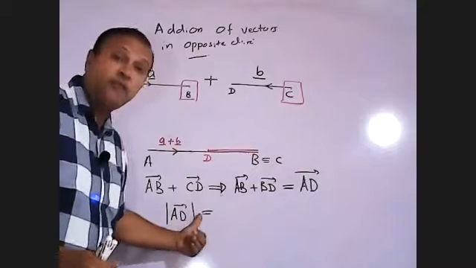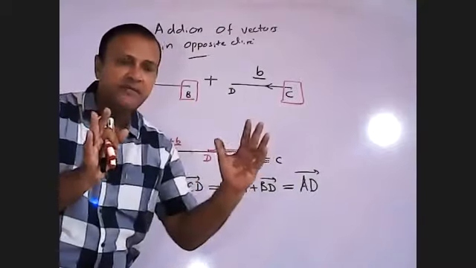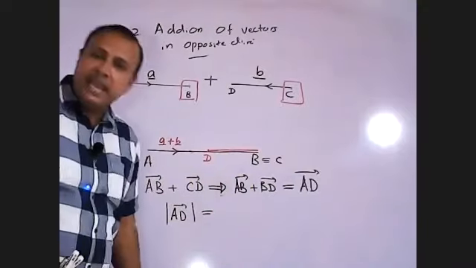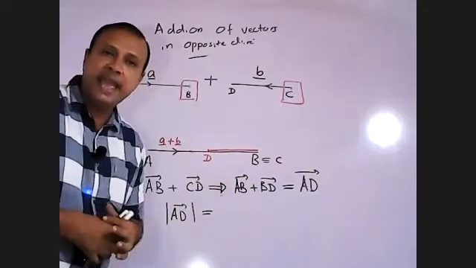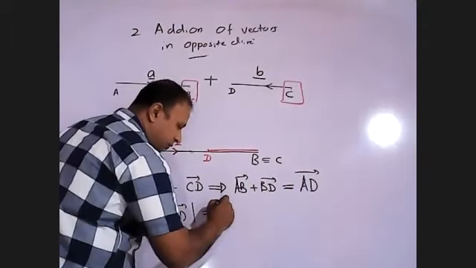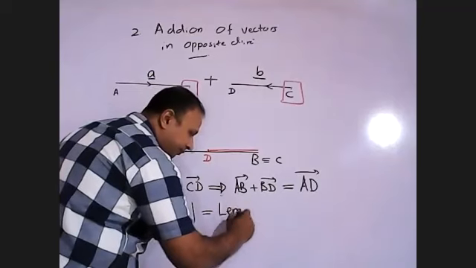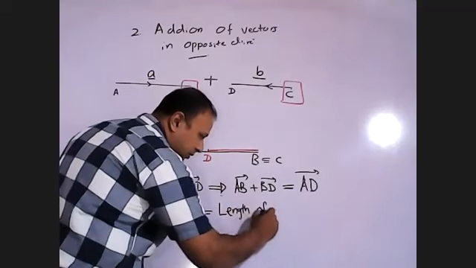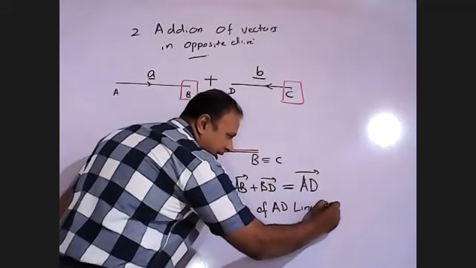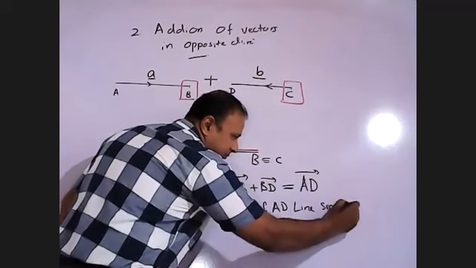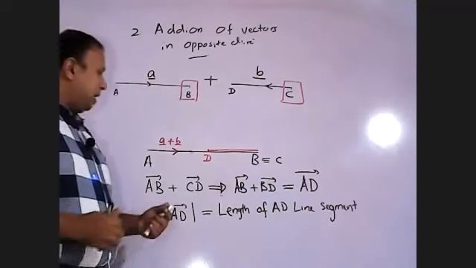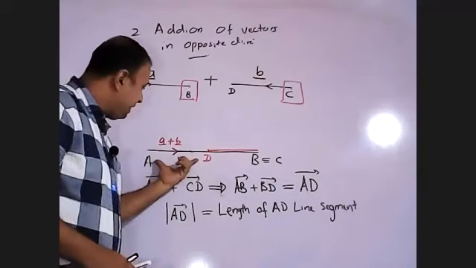Therefore, the magnitude of the AD vector should be equal to the length of the AD line segment.